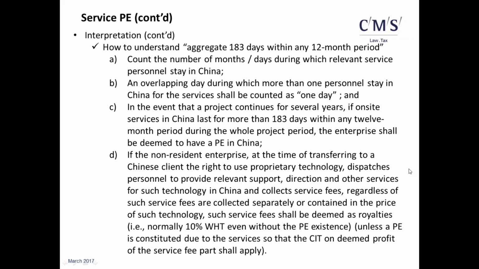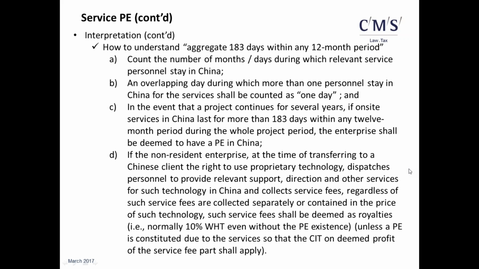Because in this case, the foreign enterprise has already licensed the technology to the Chinese customer. So any supporting services relating to this technology license should be considered as part of the license for PRC tax purposes.